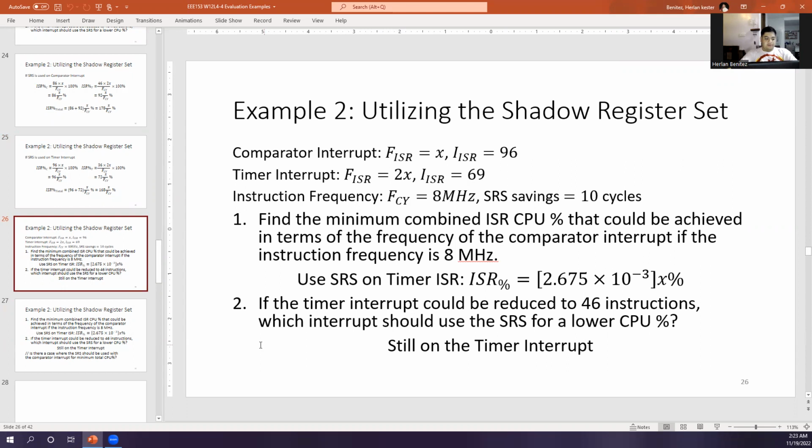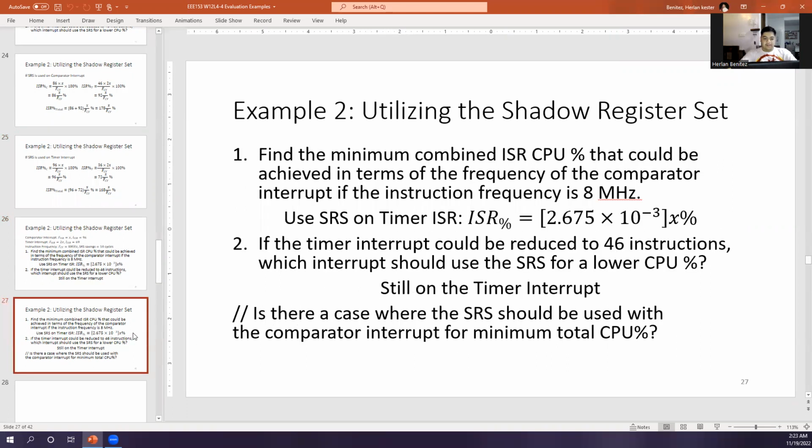So, as a food for thought na pwede niyong pag-isipan, kasi baka lumitaw sa quiz, is there a case where the shadow register set should be used with the comparator instead of the timer interrupt? So, ano dapat yung mangyari para maging mas mababa yung CPU percentage pag kay comparator binigay yung ating shadow register set?